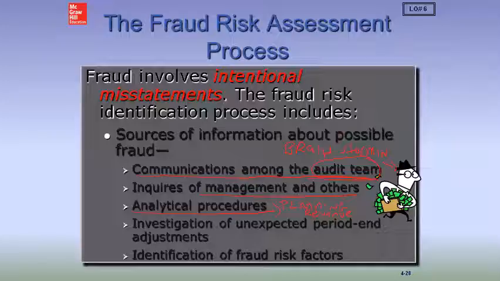So we also do analytics at the end, and really, these would go hand in hand. Unexpected year-end adjustments, and we would find those kinds of things by doing that set of analytics at the end of the audit.